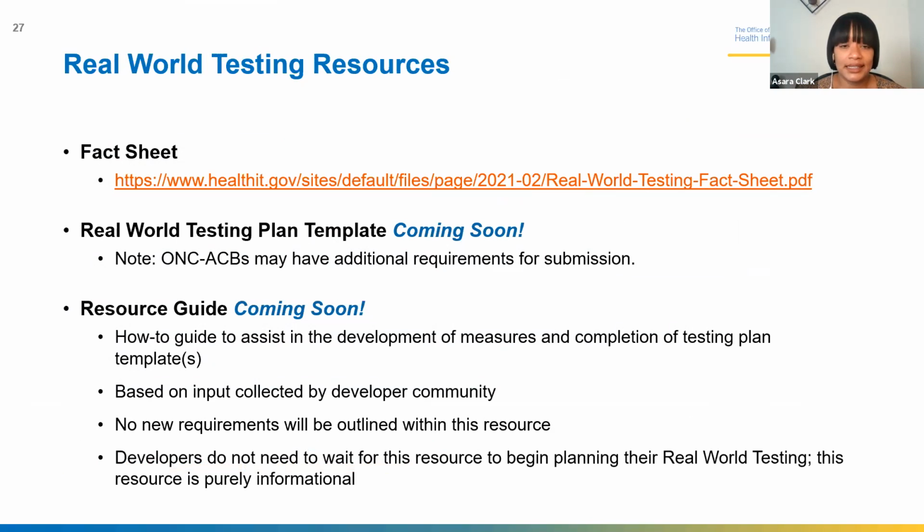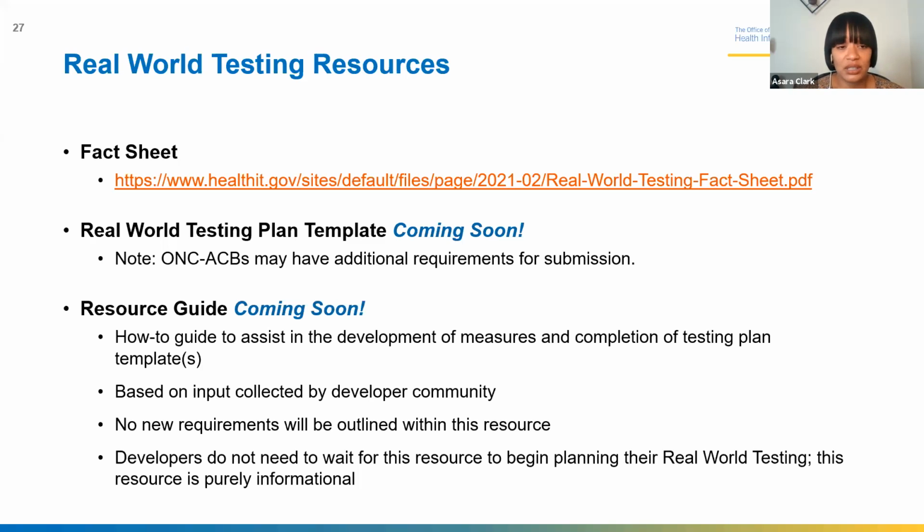So you'll have today's presentation available to you, and you also have this fact sheet that you can refer to. Those of you who are on the line can also refer to this to reiterate and go a little bit more into detail on the plan elements and how you put your plan together. So this is a very great resource for you that has already been made publicly available.